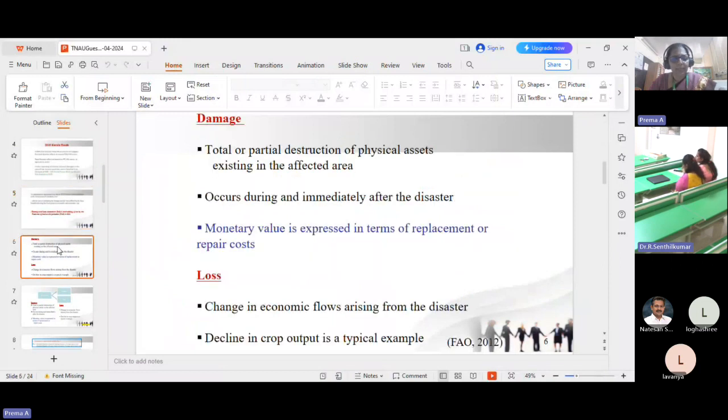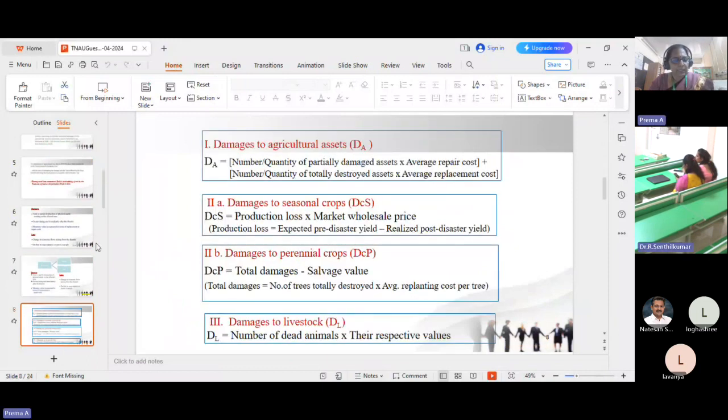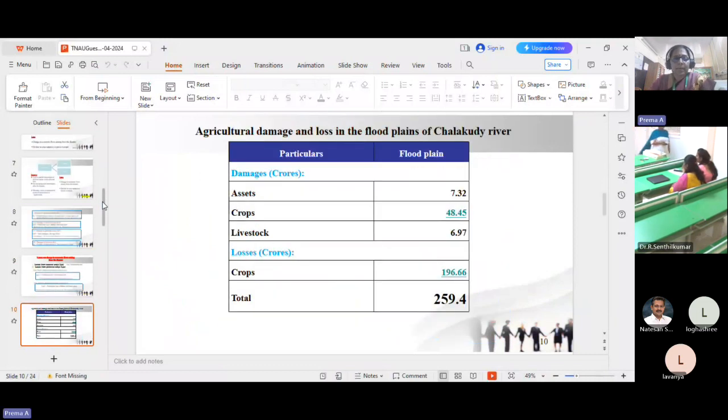And these are the slides that I have been using for the discussion. What I want to highlight is that using the standard procedure, the agricultural damage and loss that we estimated is something around 260 crores in the floodplain.